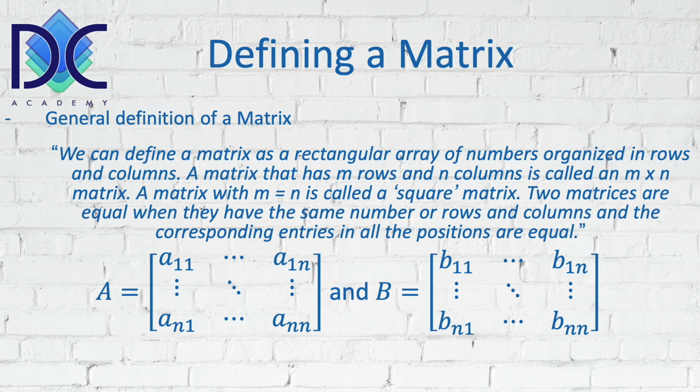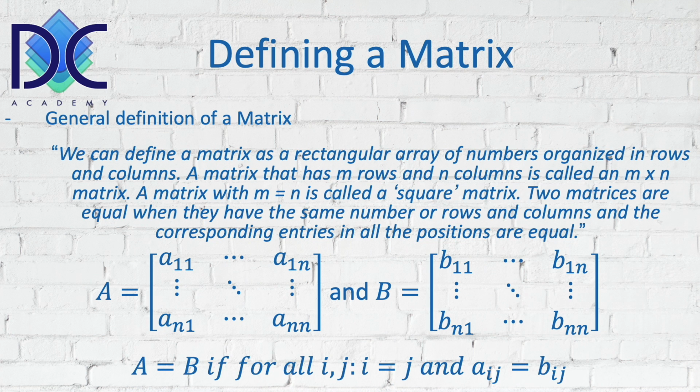Now, we already know that the two matrices have to be the same type, so both have to be square matrices, and the number of columns and rows have to be the same. Now we can say that A is equal to B if for all i and j, aij is equal to bij.